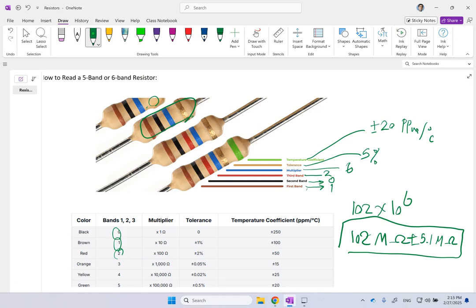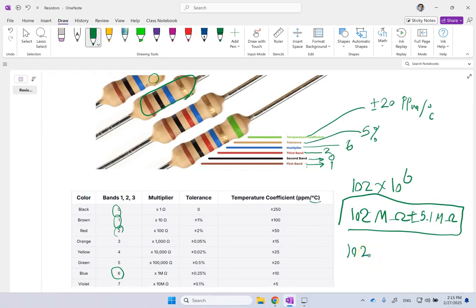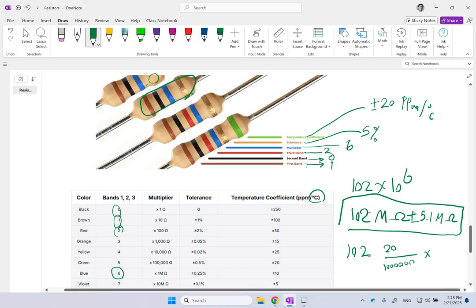And then 20 part per million. What does it mean? Means this number, let's say it's just 102. This number, if the temperature changes, 20 part per million, so 20 divided by 1 million, times the change in degrees Celsius is how much it can change from the original value.